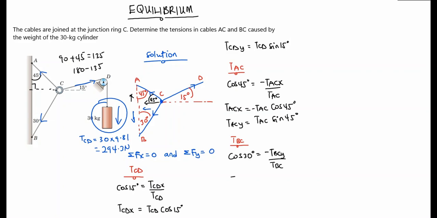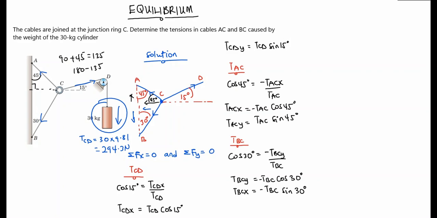So you're going to have TBCY to be equal to minus TBC cosine of 30 degrees, and you're going to have TBCX to be equal to minus TBC sine of 30 degrees. Okay, so this is what you have.